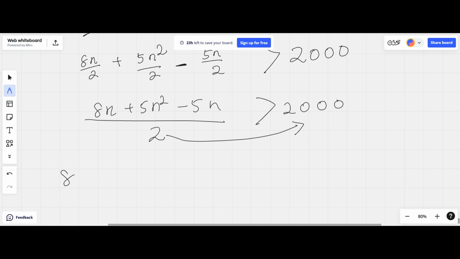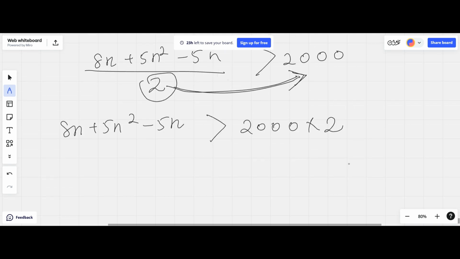If it goes to the right side, it will get multiplied. So 8n plus 5n squared minus 5n is greater than 2000 into 2. So 8n minus 5n is plus 3n. This needs to be greater than 2000 into 2, which is 4000.